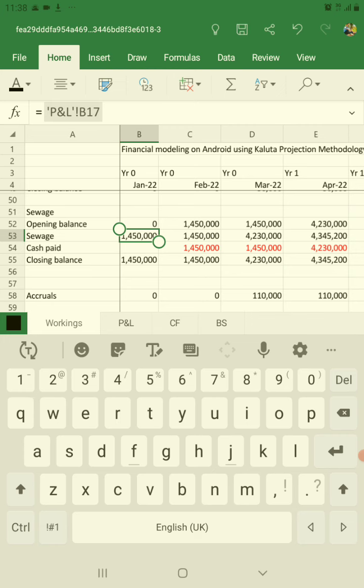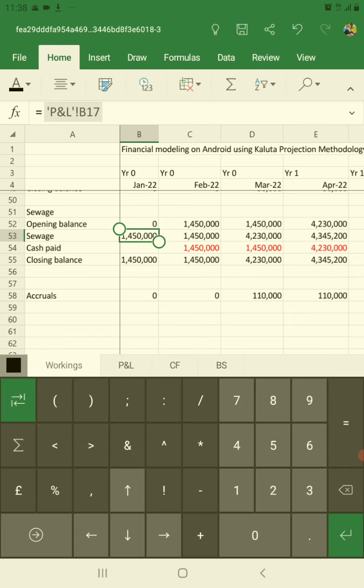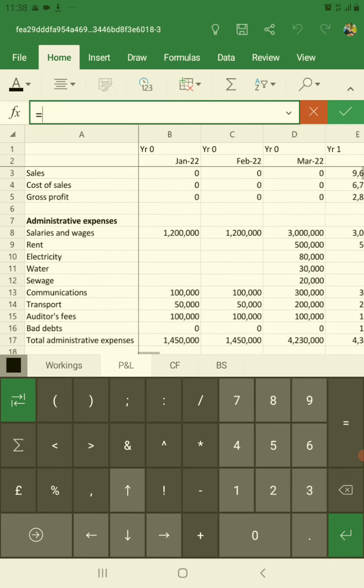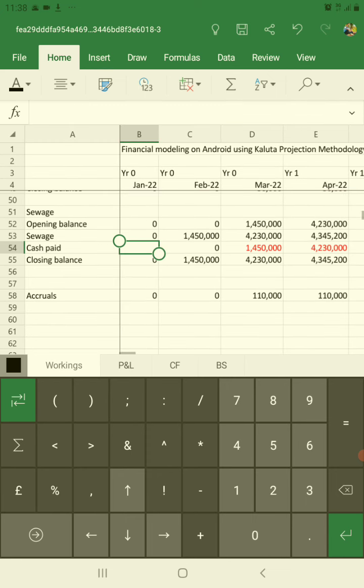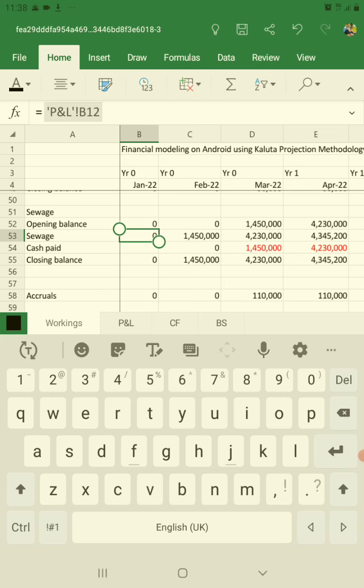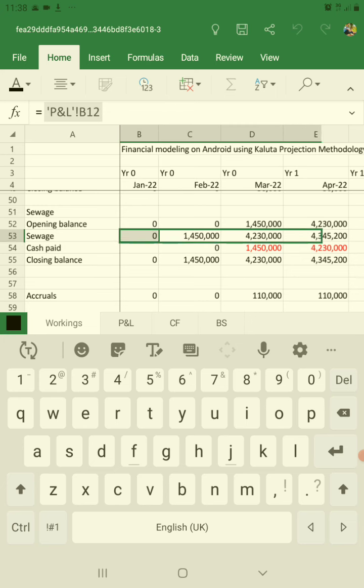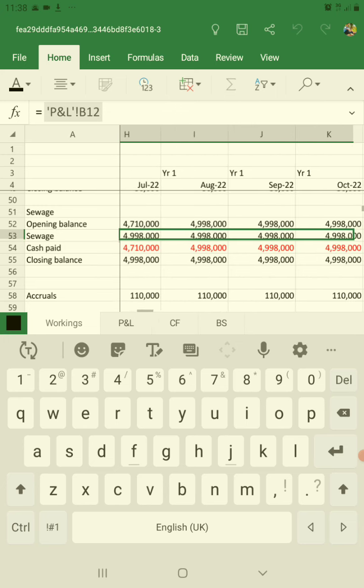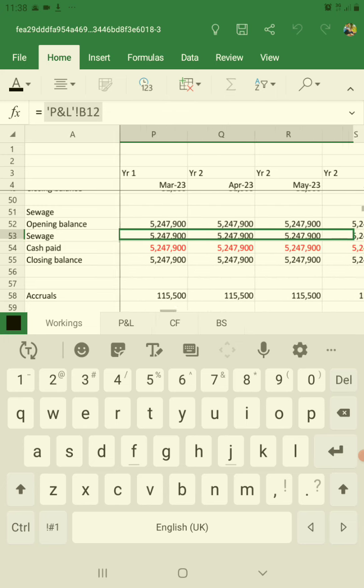so I start with equal sign and go to P&L here and pick for sewage January here, enter, and fill this to the rest of our projection periods.